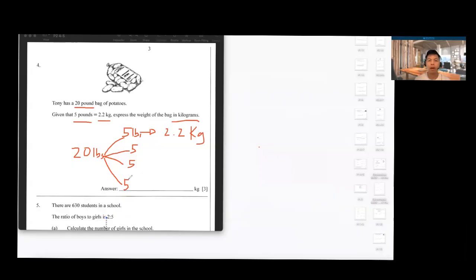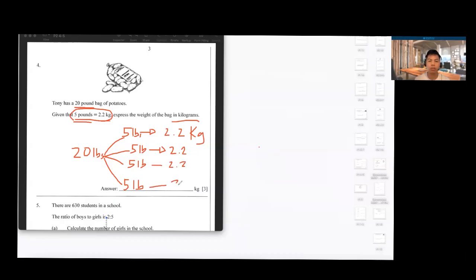Okay, 5 pounds. Now, I'll write the unit so it will not be confusing. It says in the problem, every 5 pounds is 2.2 kilograms. So each 5 pounds is the same thing as 2.2 kilograms. All right, so this is 2.2.